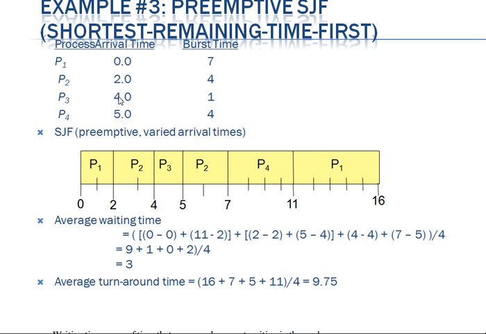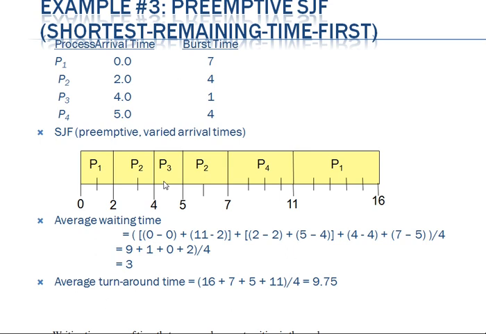At time 4 we have P1 whose burst time is less, right? P2 requires 4 milliseconds. By the time it completes, we have P3 in the system available, whose burst time is shorter than P2. So the processor will be allocated to P3.